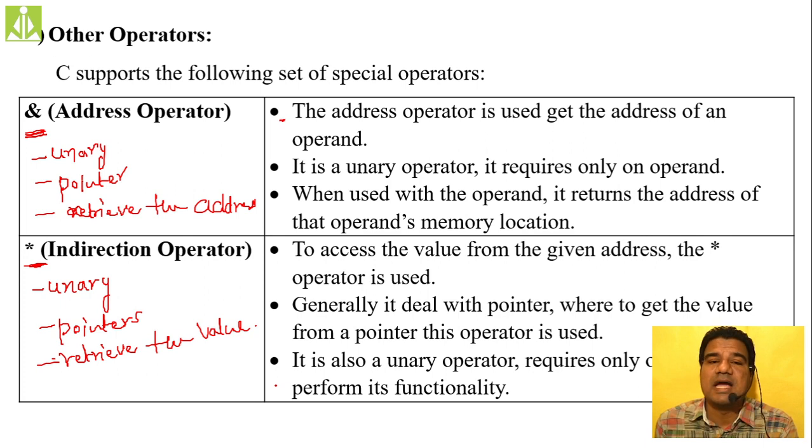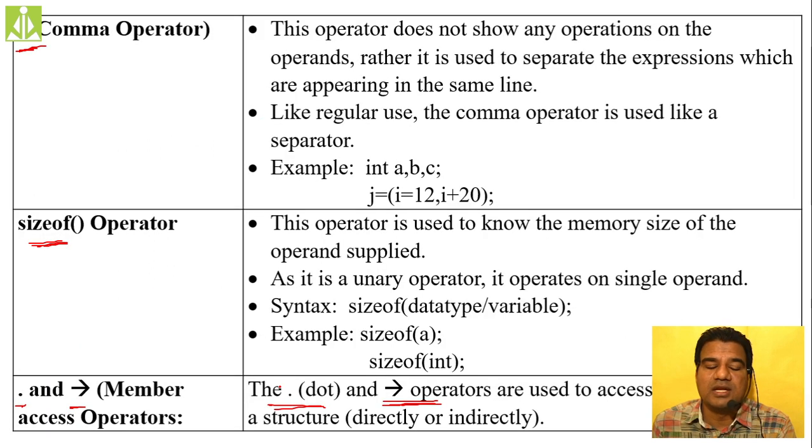Special operators: the ampersand operator is used in pointers, is unary and retrieves the address, and the indirection operator, the asterisk symbol, is used in pointers, is unary and retrieves the value. Then the comma operator is used as a separator, the sizeof operator tells the number of bytes allocated, and the dot and arrow operators are used in structures. Simply remember this. This is more than enough for you in the case of special operators.